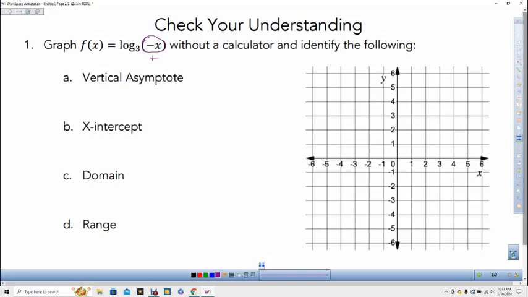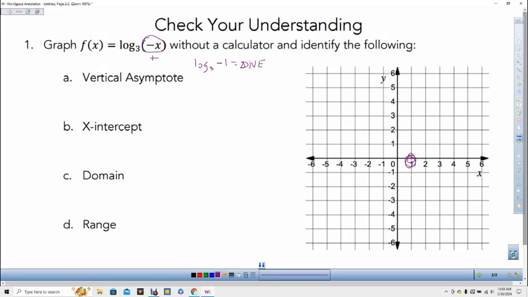So if I went over here and chose the number 1 and plug it in here, I'm going to end up with log base 3 of negative 1 when I multiply by that negative, and I cannot find its value. It does not exist.